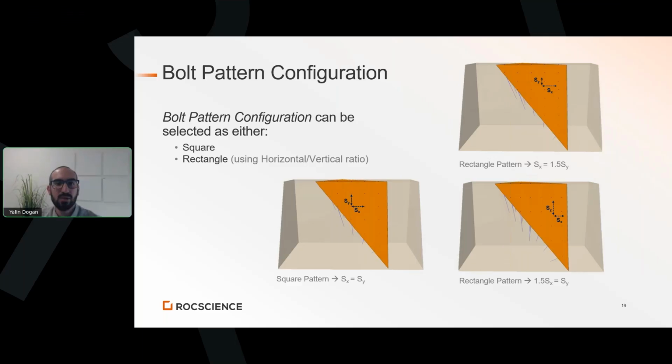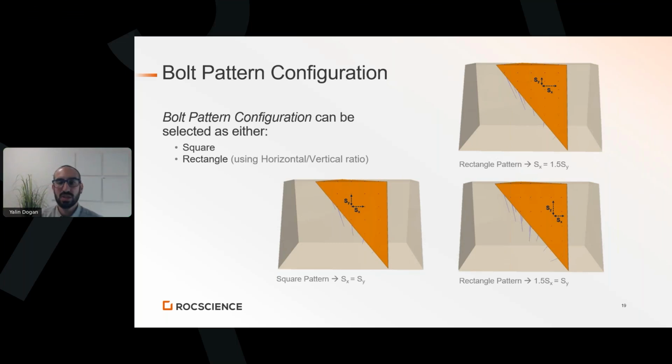So the bolt pattern configuration for intelligent support optimization is built directly into the add bolt pattern dialog. So it maintains a familiar workflow with traditional manual bolt pattern design.